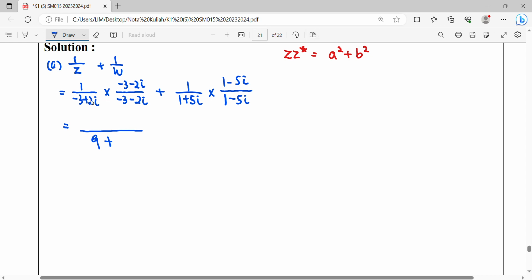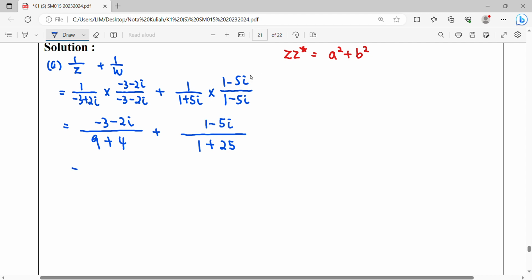When it's squared, it gives us 4. For the numerator, we're going to multiply as usual, which is -3 minus 2i. Plus, one more time, complex number times its conjugate, a is 1. When it's squared, also 1. Plus b is 5. When it's squared, it gives us 25. Numerator, multiply as usual.